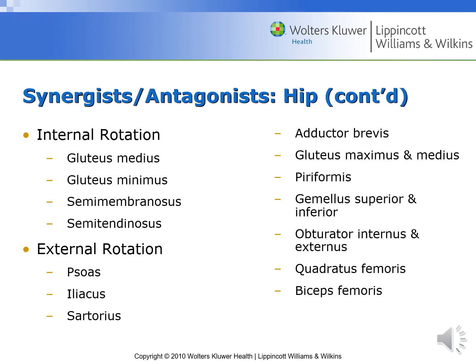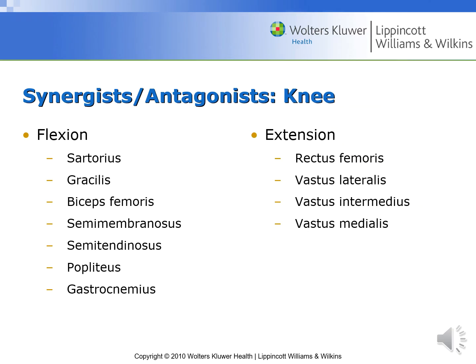For external rotation, we have the psoas, the iliacus, the sartorius, the adductor brevis, the gluteus maximus and medius, the piriformis, the gemellus superior and inferior, the obturator internus and externus, the quadratus femoris, and the biceps femoris. Now let's consider the synergistic and antagonistic muscles acting on the knee.